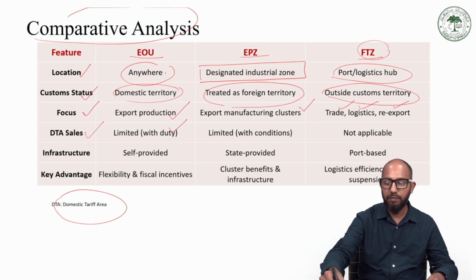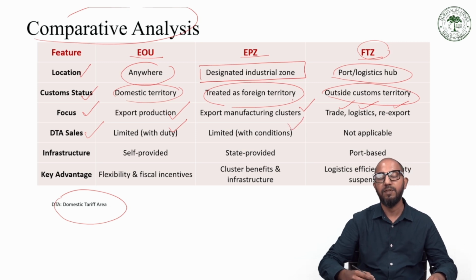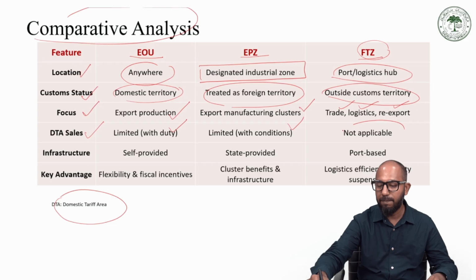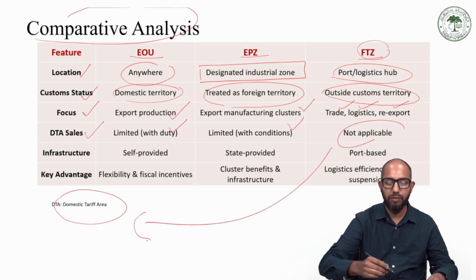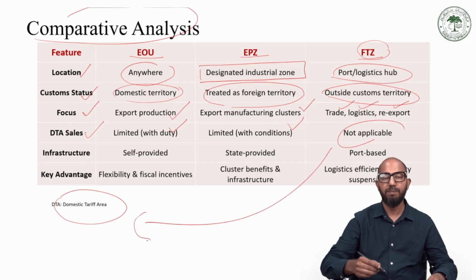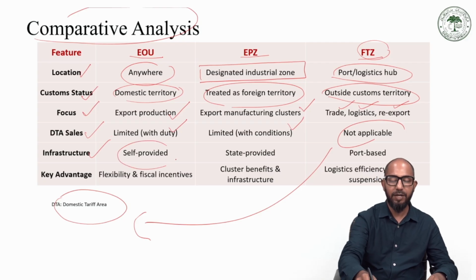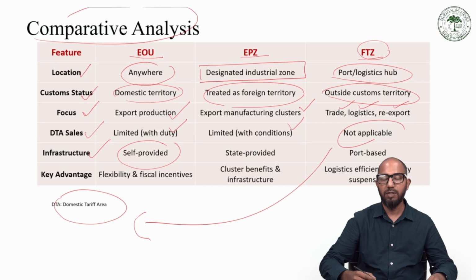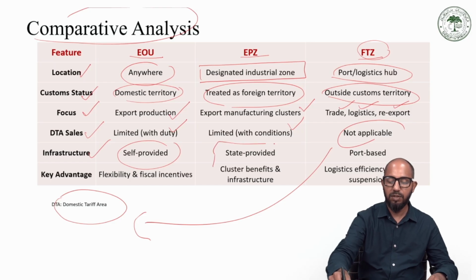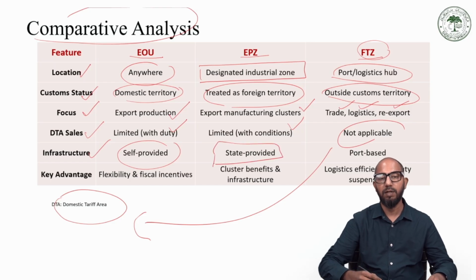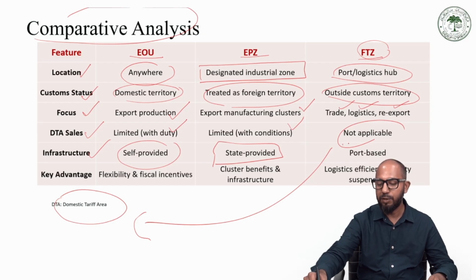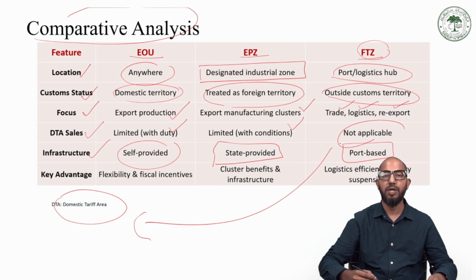It is limited with certain conditions in EPZ, and it is not applicable in free trade zones. With respect to infrastructure, the infrastructure in EOU is self-provided, while the infrastructure in EPZ is provided by the state. In opposition to that, the infrastructure under free trade zone is provided by the port in which it operates.